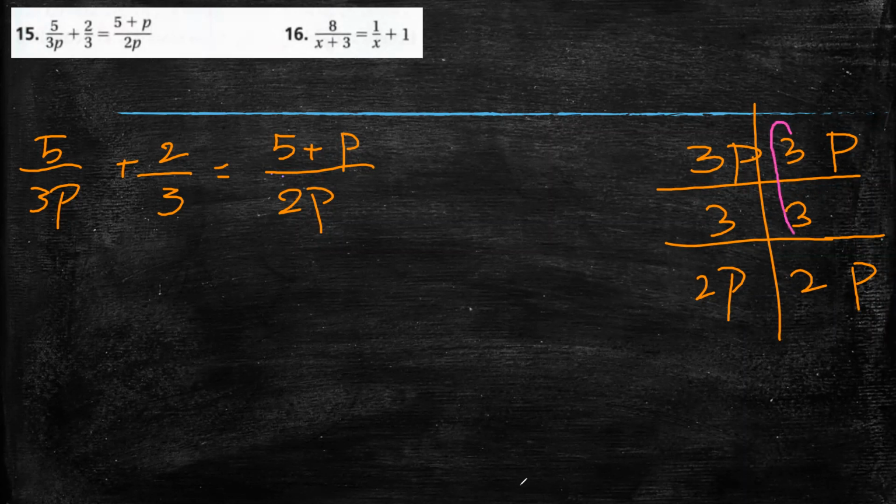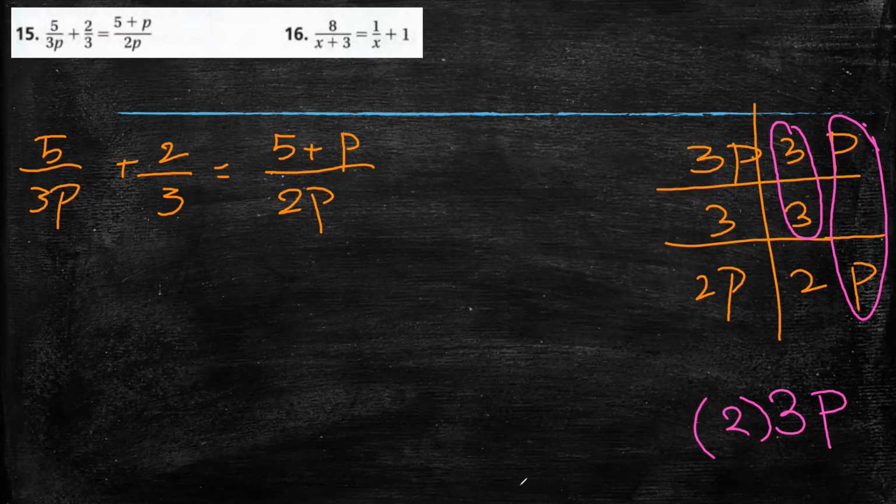3 and p. So what is repeated? 3p. And what is the non-repeated? 2. Bravo. So the least common denominator will be 6p.